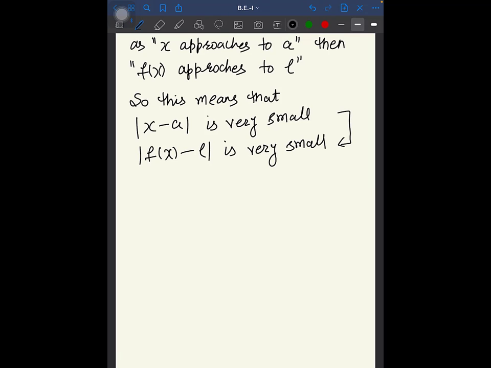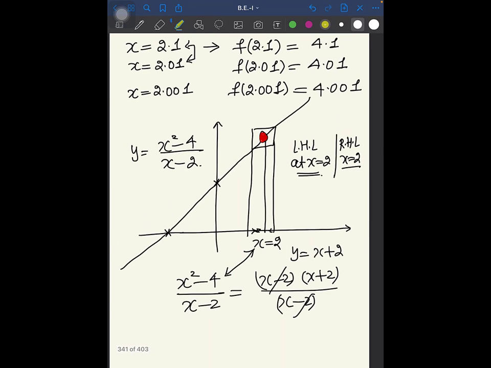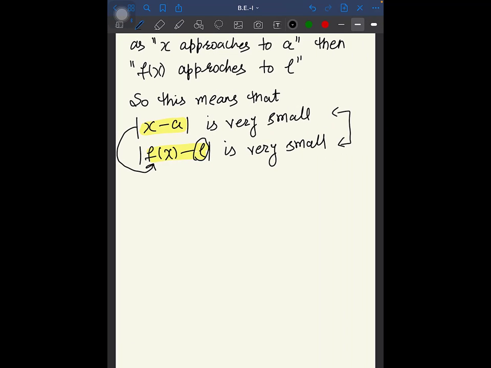But these two very small quantities cannot be equal, because you have mapped x through f, so now you have different numbers, and you cannot expect every time that the difference of x and a and the difference of f of x and L can be the same, right? So that's how the epsilon delta definition will come into the picture, and we'll do that more rigorous definition.